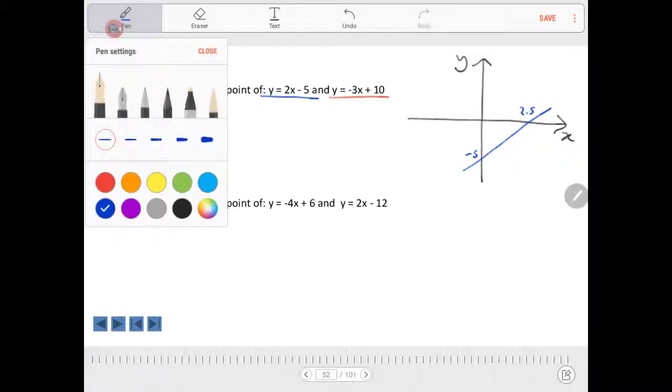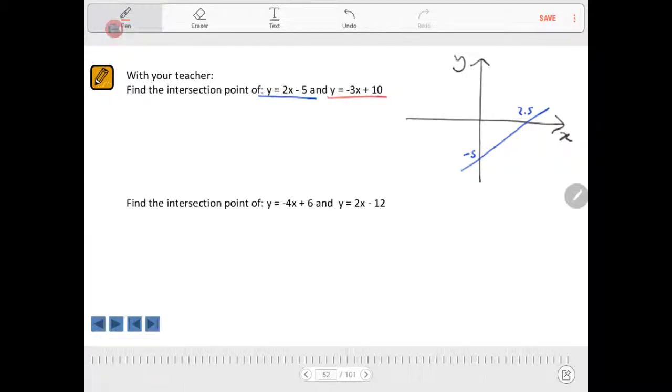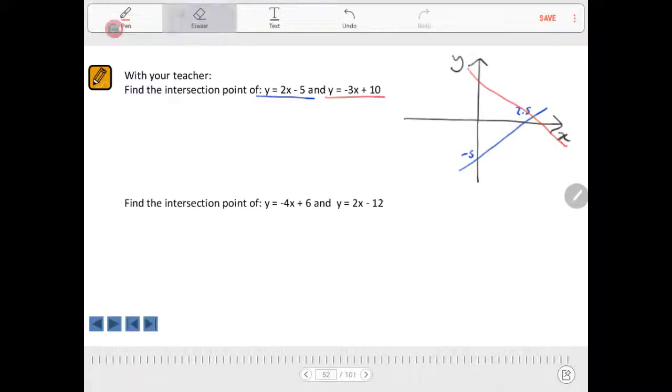And the red line for the other equation will look something like this. Oops, not like that. That's not very good, is it? It's got to be straighter than that. So perhaps something like this. Cutting here at 10 and at about 3.3.